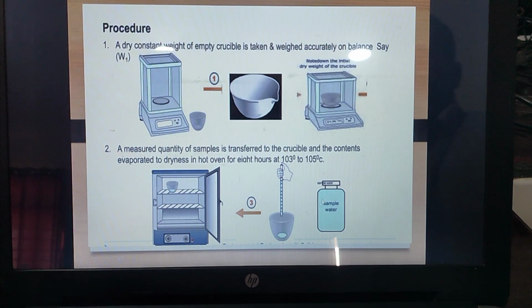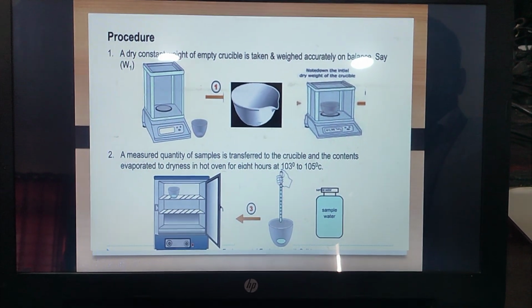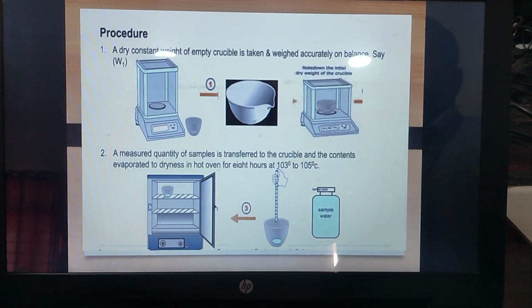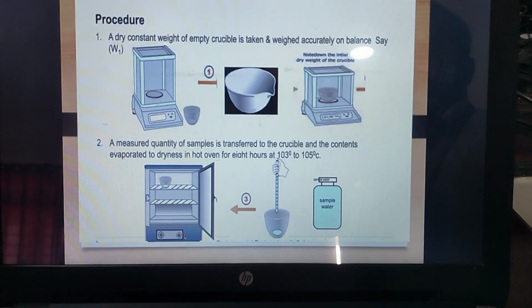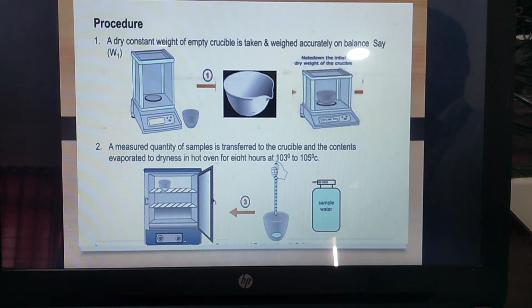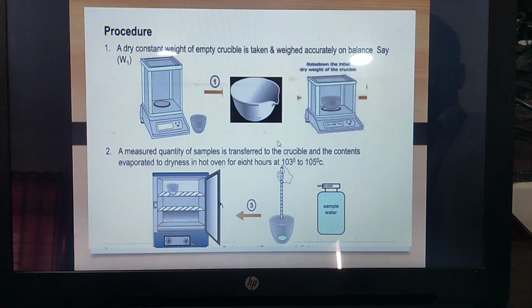So we collect the sample in the crucible, noting the amount of sample we take, and keep it in the hot air oven for 8 hours, maintaining 103 to 105 degrees centigrade. So step 2 is over.